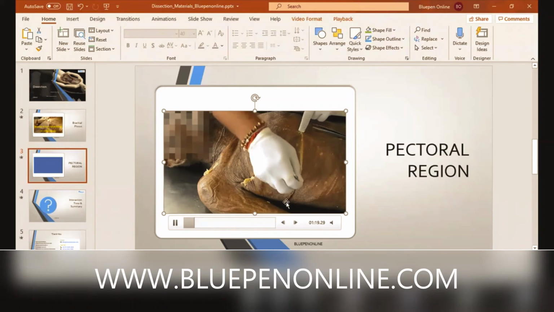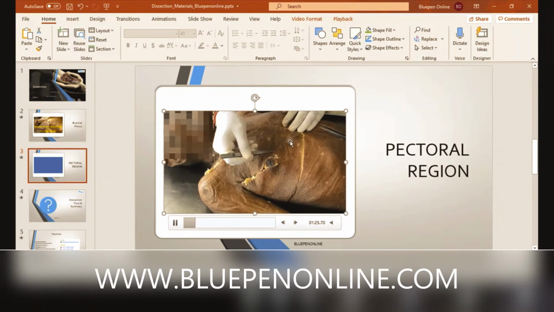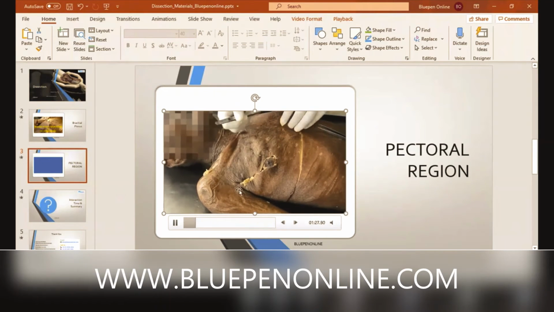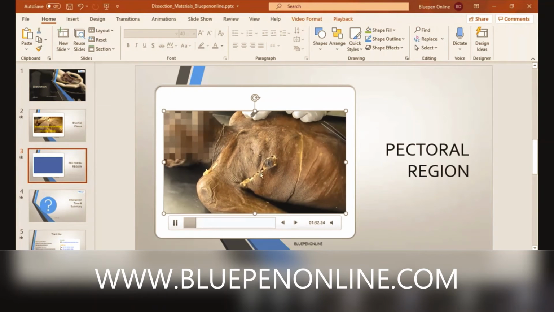And another incision, a vertical incision, till the anterior axillary fold. Now we are going to reflect the skin. This is a very important landmark, so don't cut it.